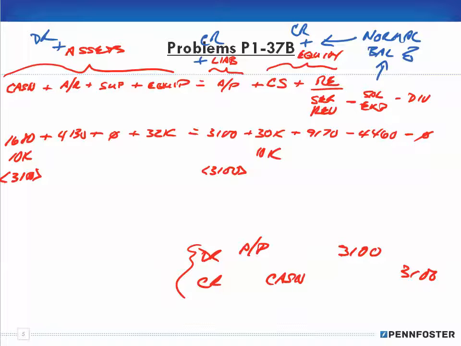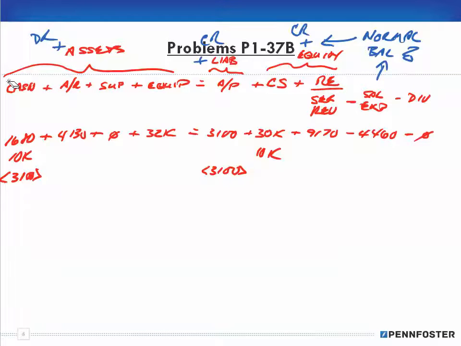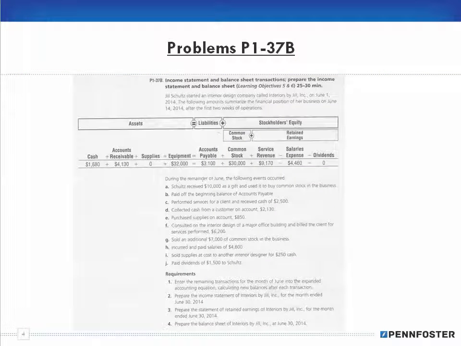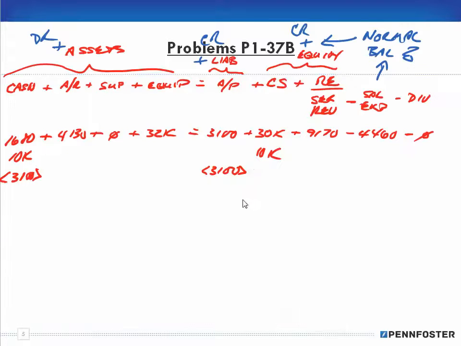A lot of people have a difficult time with that. The reason why they have a difficult time is because when they see a transaction, they immediately start working with the other half of the transaction. Like in this case here, since it says we're paying off the beginning balance of accounts payable, they start out with the accounts payable.